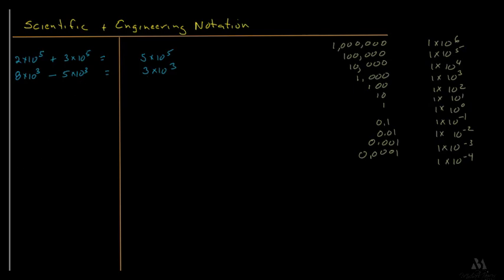What about numbers with different powers of 10? Well, let's try this one. 1.5 times 10 to the 4th plus 3 times 10 to the 3rd.